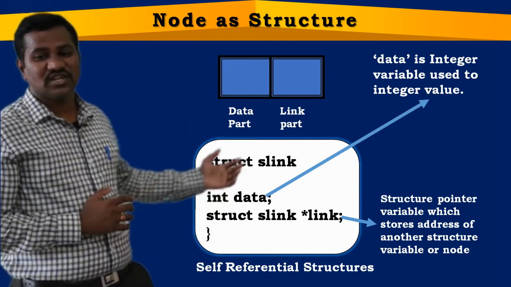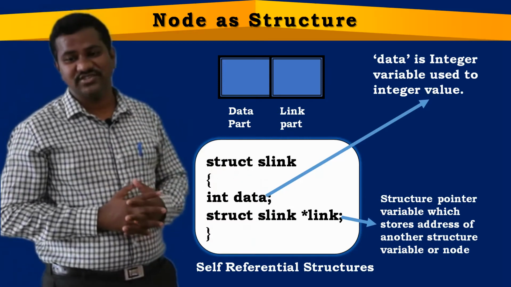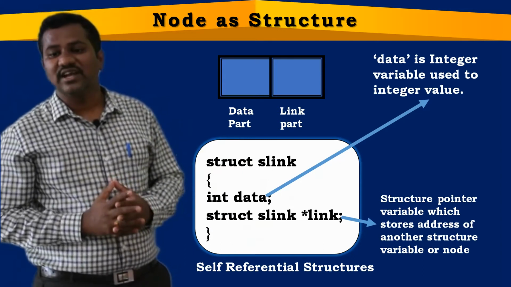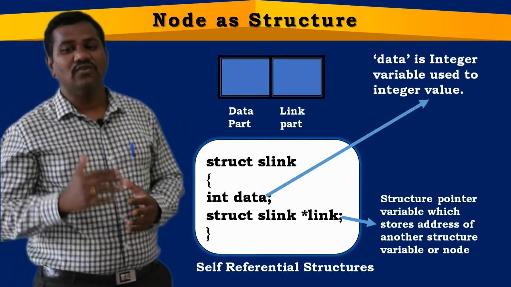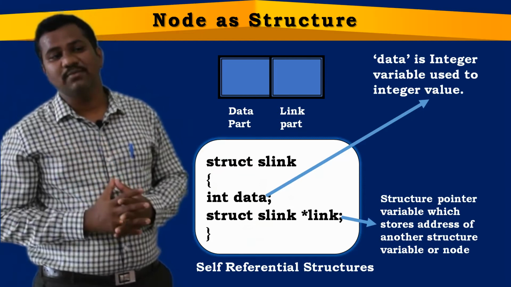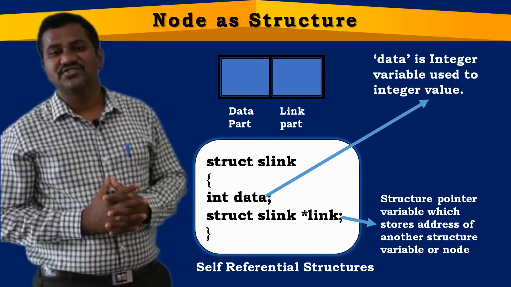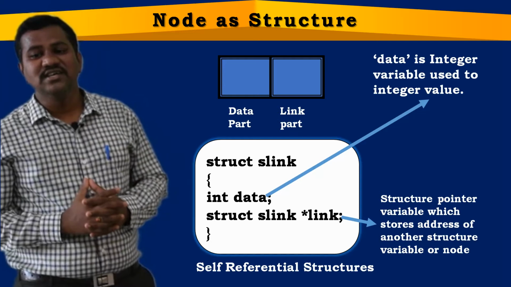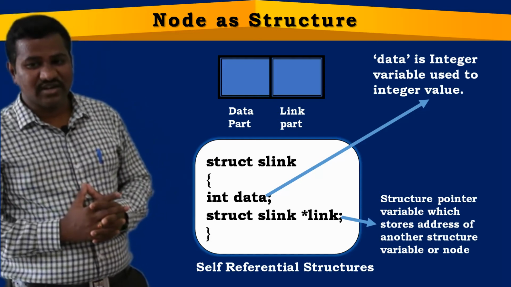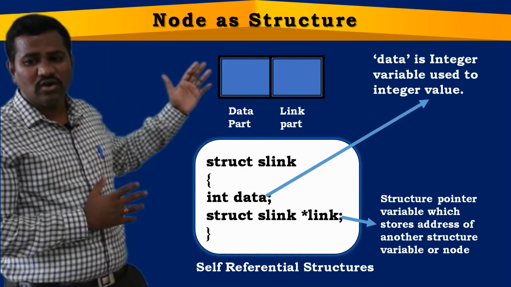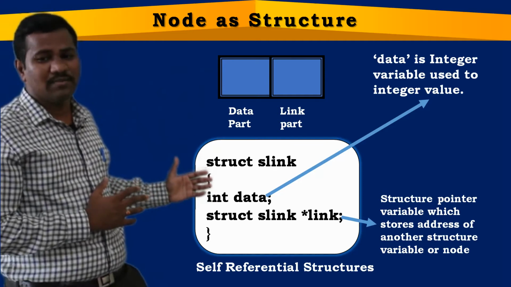A structure that contains a pointer to a structure of the same type is called a self-referential structure. This is how a node is represented in a programming language.